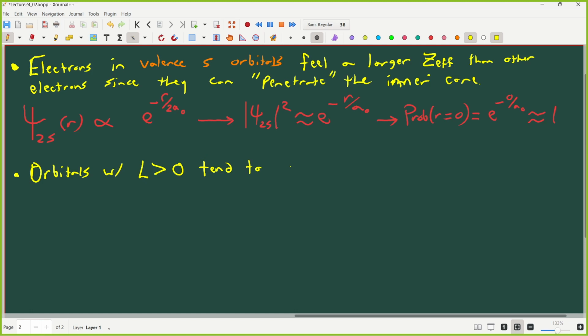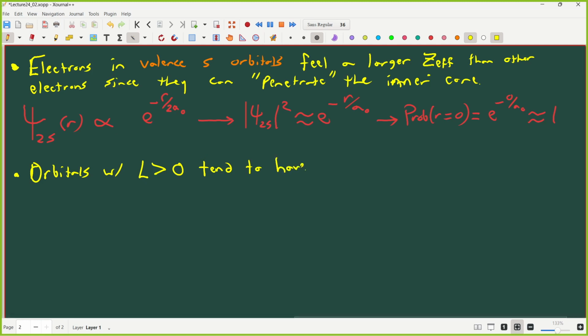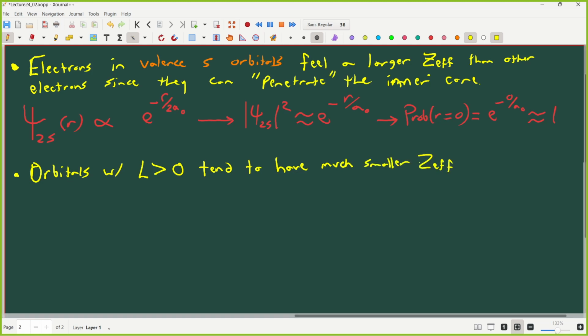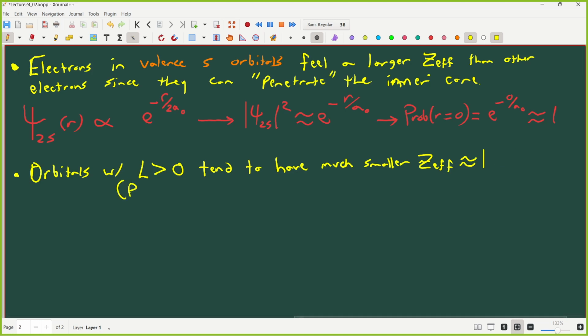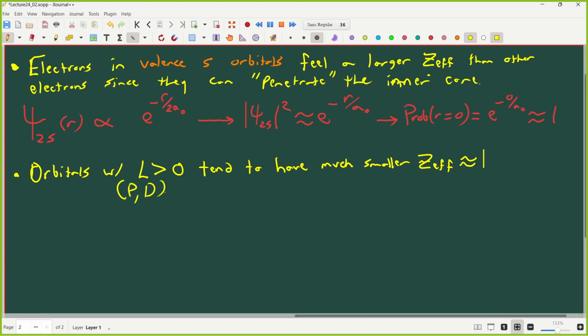They tend to have much smaller Z effective charges that are close to 1. And why is that? This is like p and d, and of course f's. Actually, they get closer and closer to 1 as you go to f and g.